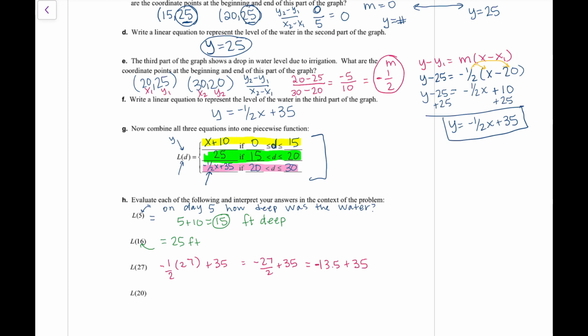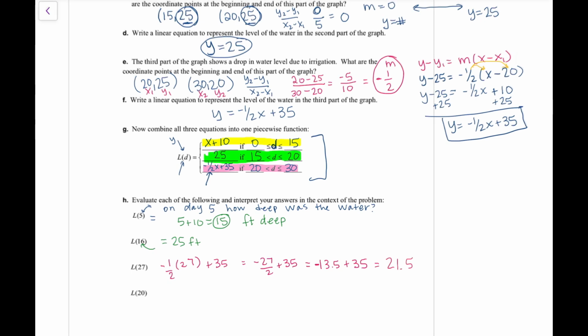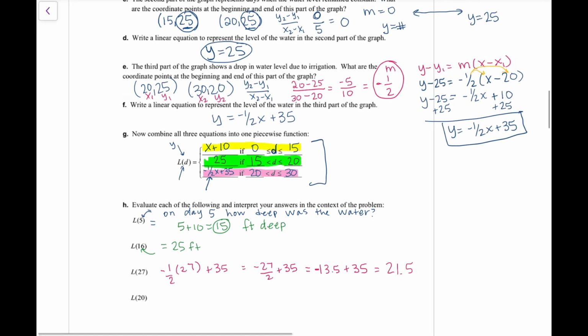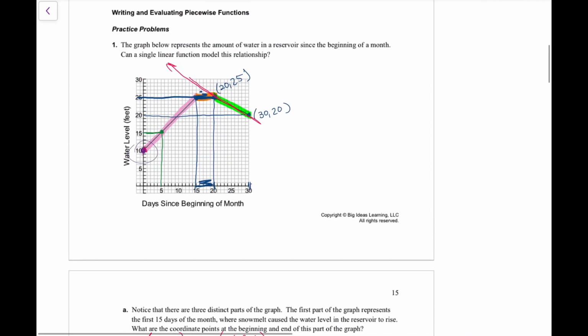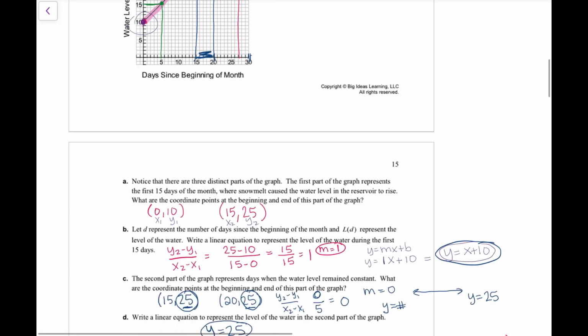That is negative 13.5. So we're going to take negative 13.5 and add 35 to that. That's the same as saying 35 minus 13.5. So at 27 days, it's going to be 21.5 feet. So let's look at this graph. At 27 days, that would be right here, right in between the 21 and the 22 mark on our graph.